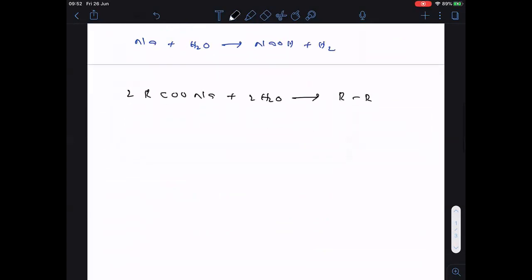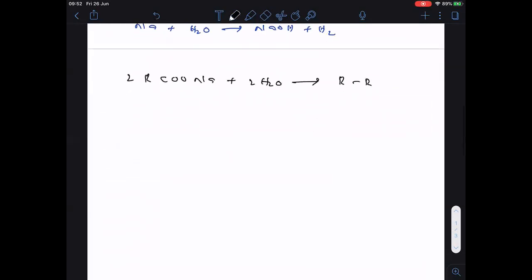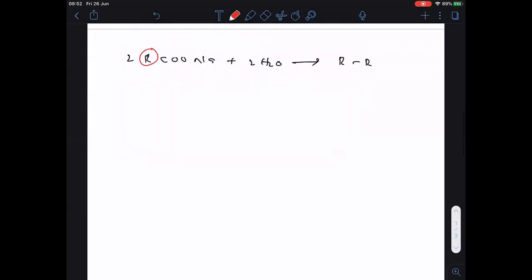Clear? But one important thing to be noted in Kolbe electrolysis. Now, let me talk about this R. This is the most important one here, R here. So, now one important thing I want to discuss here. Remember, if R is a tertiary alkyl group, then remember everyone, the product is not an alkane. Then what is the product, you know? RCOOR.